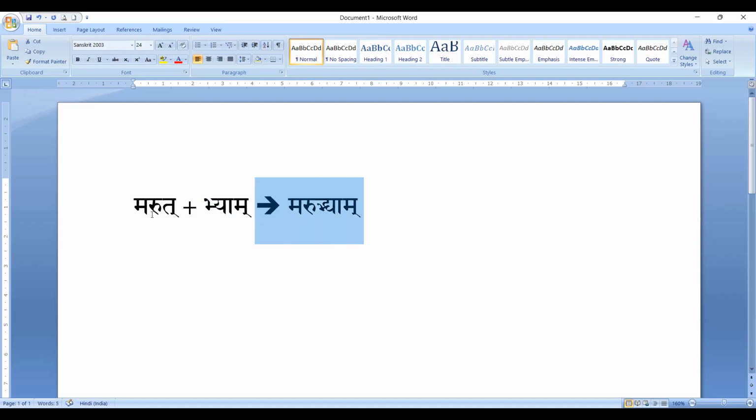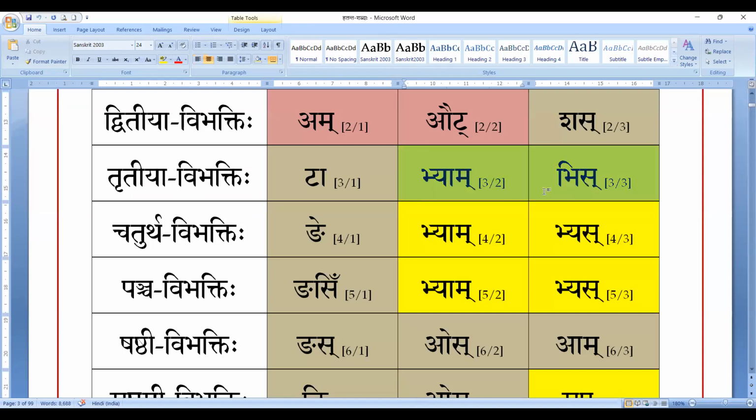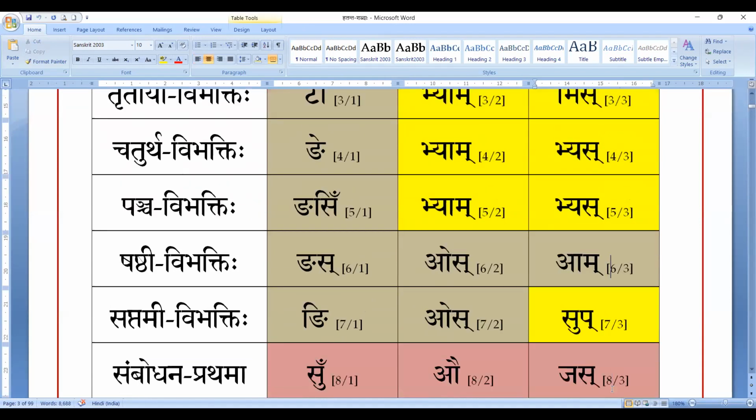This we have already seen in the Jashtva Sandhi context. I think I told you all these things, right? Please see the notes also; I happened to see that it is there. Even in case we have forgotten, remember that Bhyam is 3-2, 3-3, 4-2, 4-3, 5-2, 5-3, and 7-3.